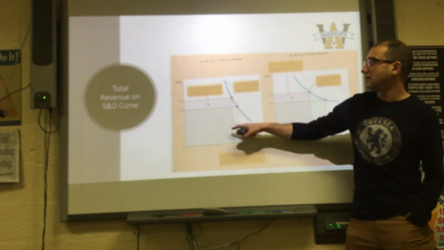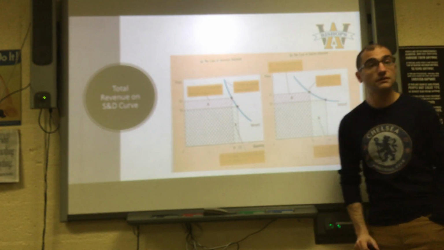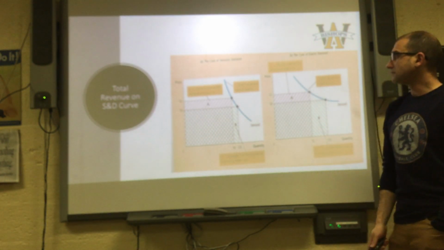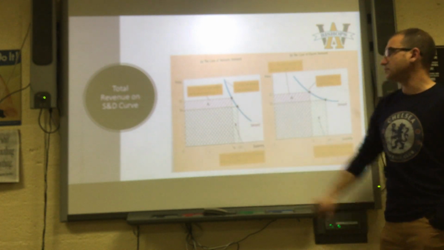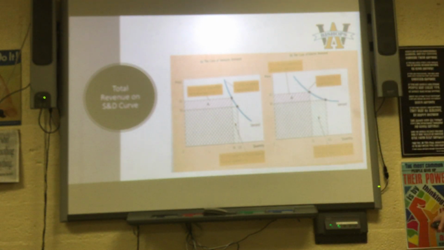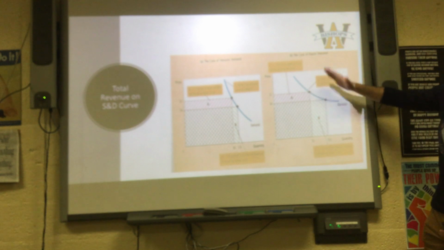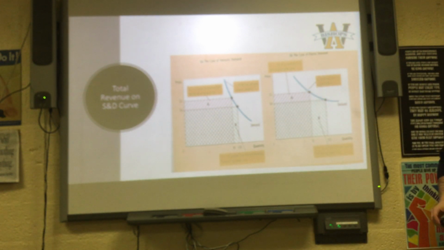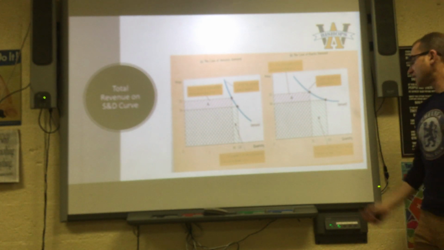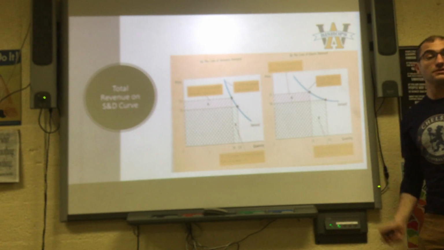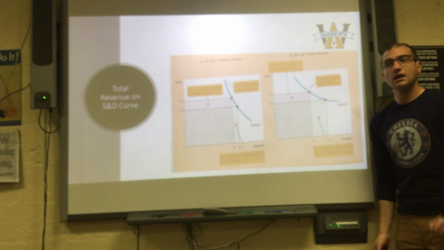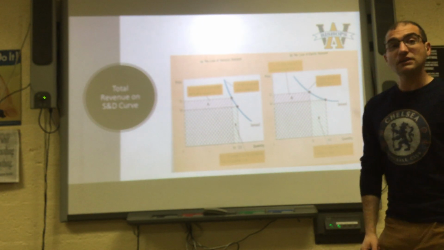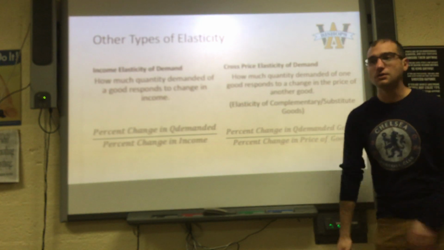Taking price times quantity, looking at the area under the curve, you can see that A is bigger than B. Whereas in the case of elastic demand, notice that this curve here is flatter. B is bigger than A. So that indicates that the lost revenue is a bigger deal. All right, so that's elasticity of demand vis-a-vis total revenue.